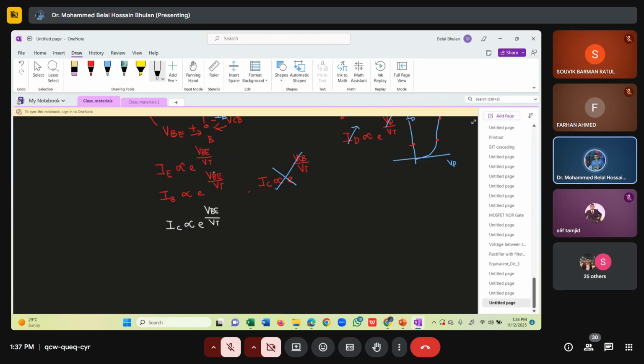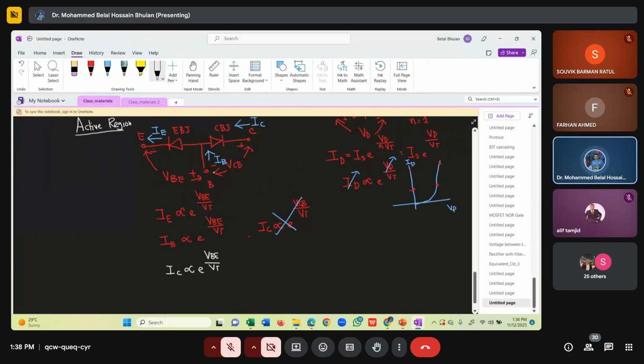So that means all the current components, emitter current, base current, collector current, depend on only one thing, that is VBE, not VCB, not VBC.